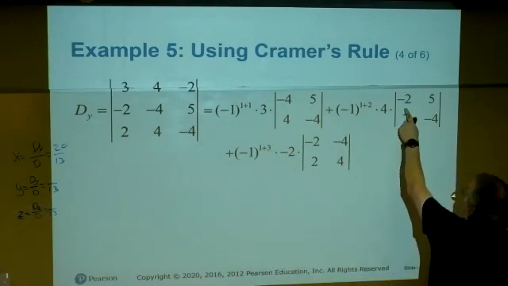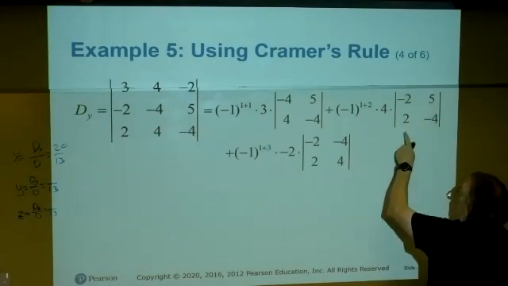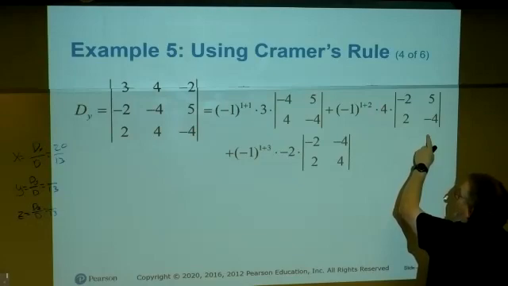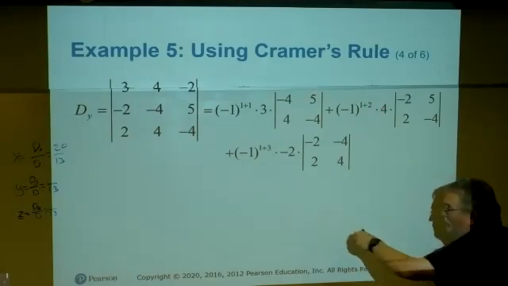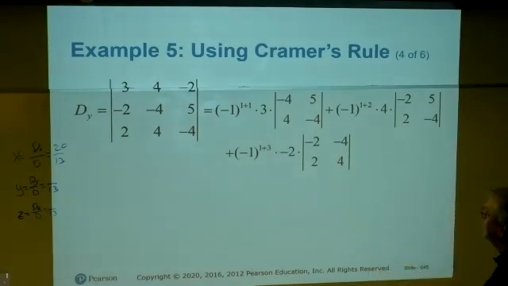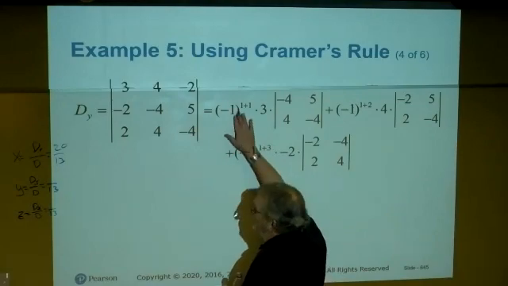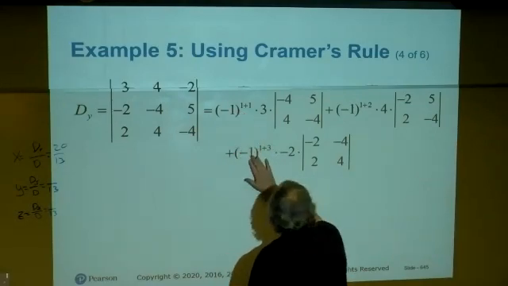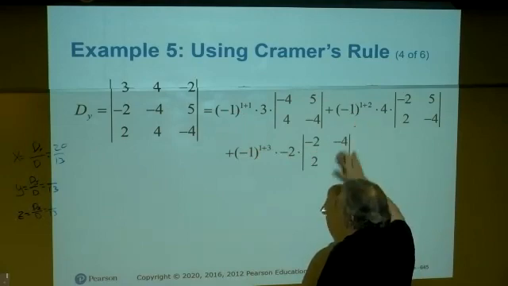And then this gives me a +8, and this gives me 10. So 8 minus 10 is -2. So I get a -4 times a -2. Right, because the cofactors, this is a +1, this is a +1, and this is a -1, so that becomes minus in here.